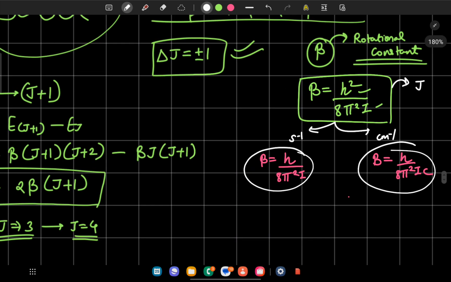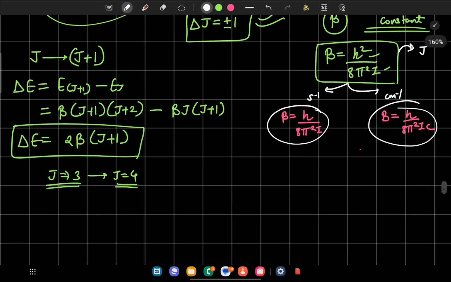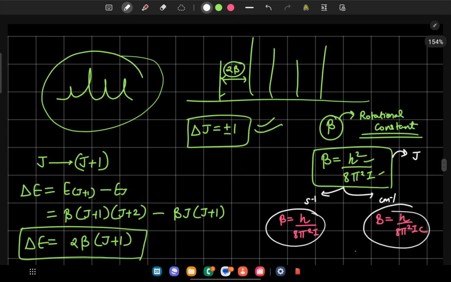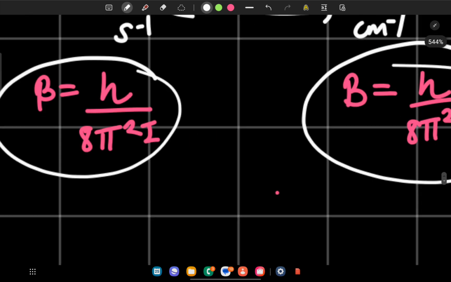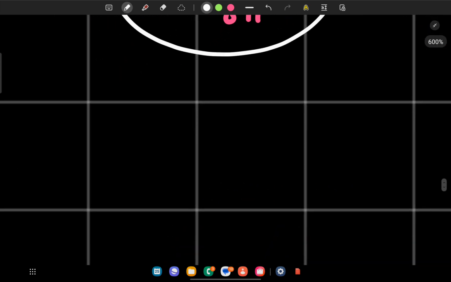This is one more important point to be added to our bunch of formulas in order to study and understand the core of this spectroscopy. This was a very interesting and good point. Now see, what does this say?